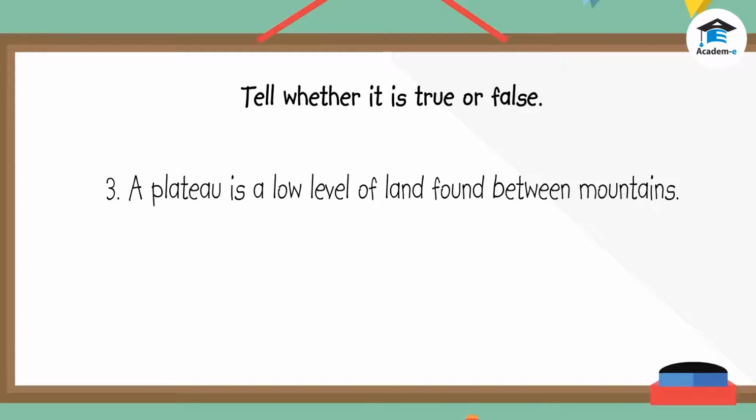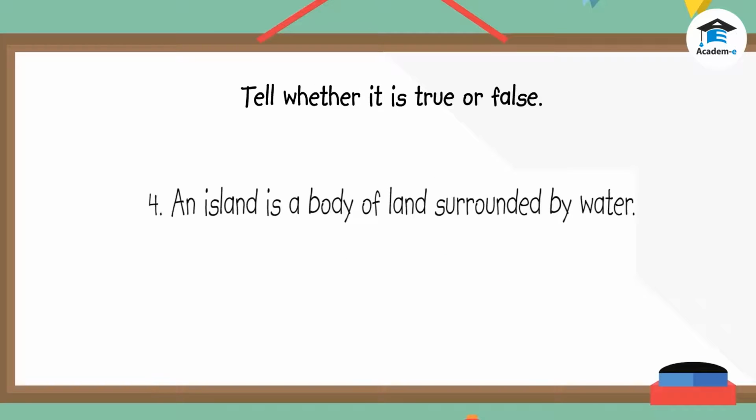3. A plateau is a low level of land found between mountains. The answer is false. 4. An island is a body of land surrounded by water.